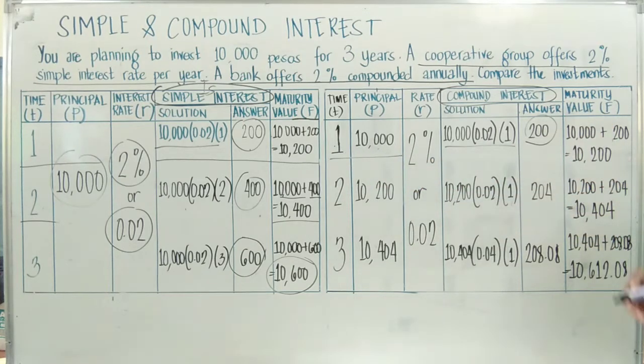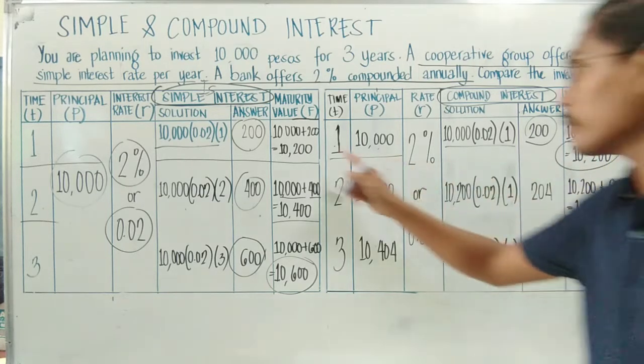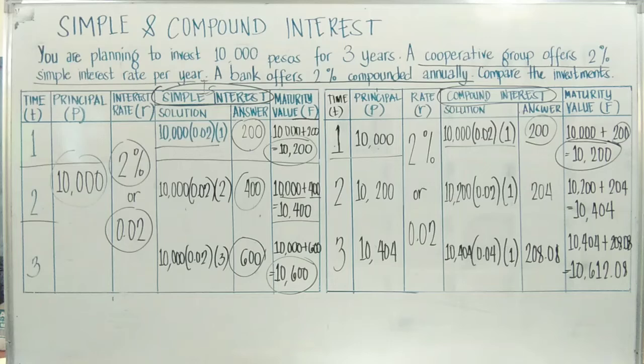So we have 200. Then to get the maturity value F, or the future value, we'll add the principal 10,000 plus the interest, which is 200, and that will give us 10,200.